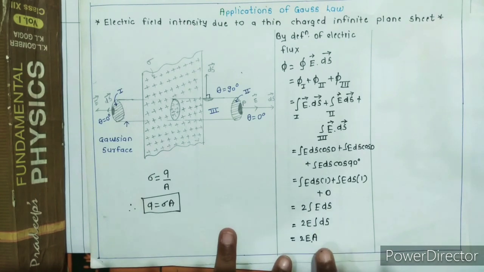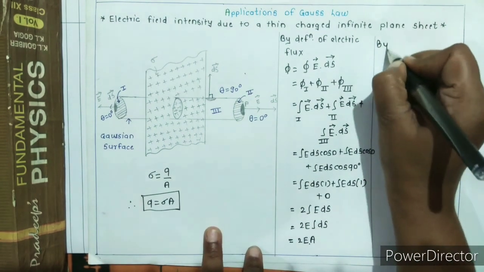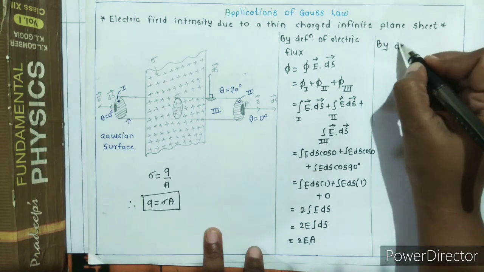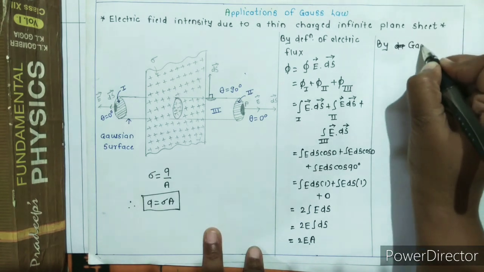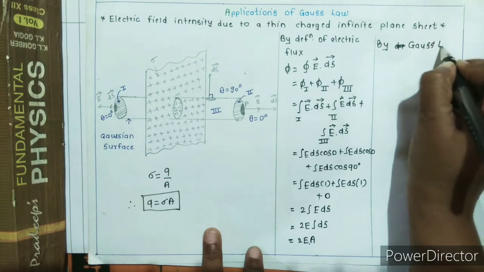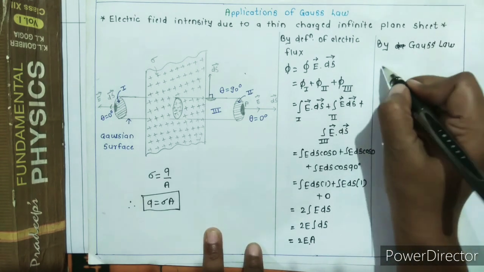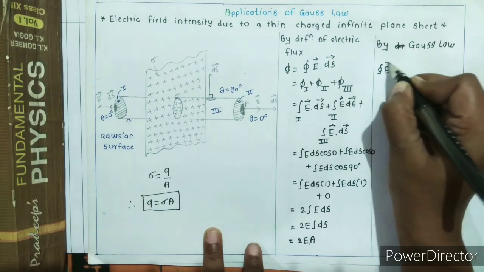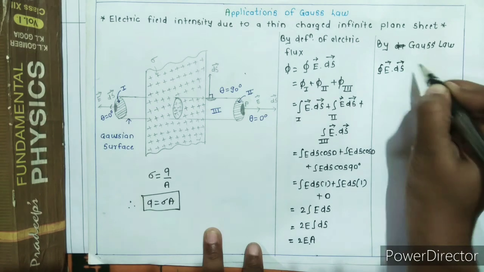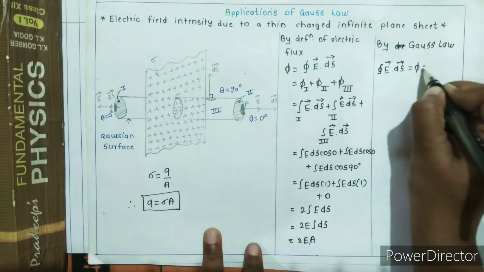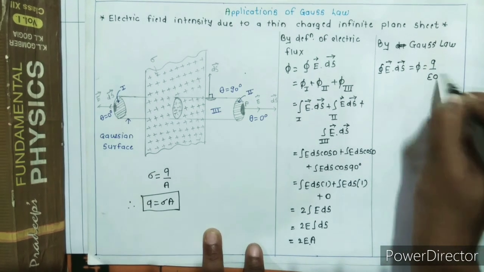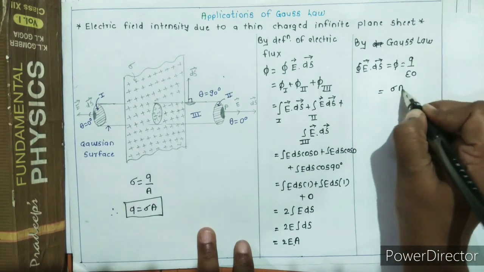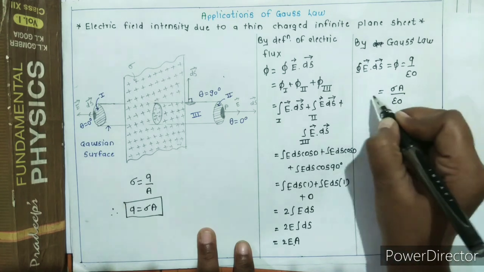So by Gauss law, closed integral of E dot ds, which is equal to phi, which is equal to q upon epsilon 0, and q can be written as sigma A, so phi is sigma A upon epsilon 0.